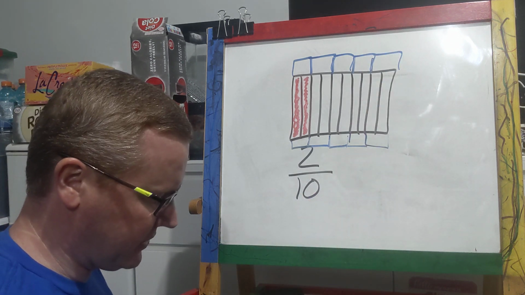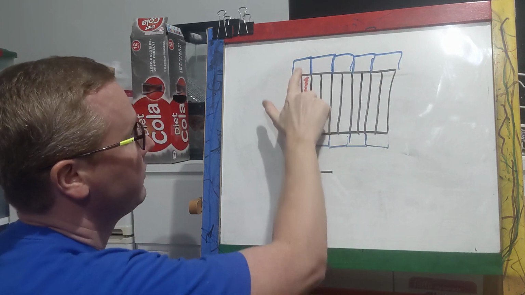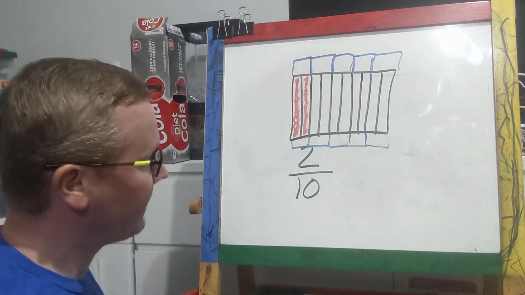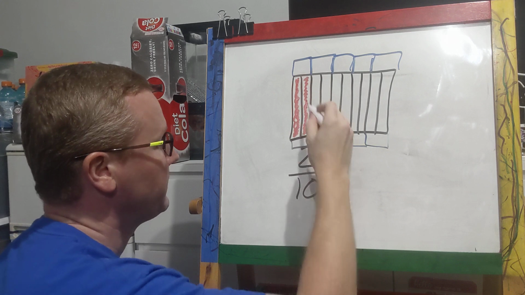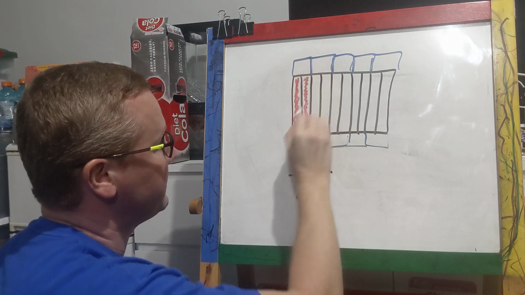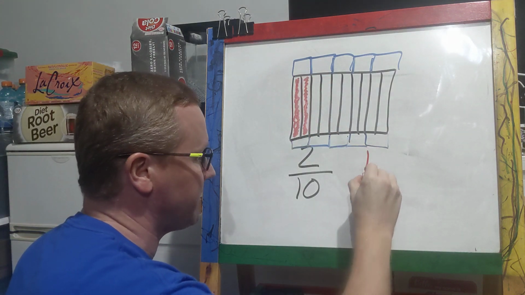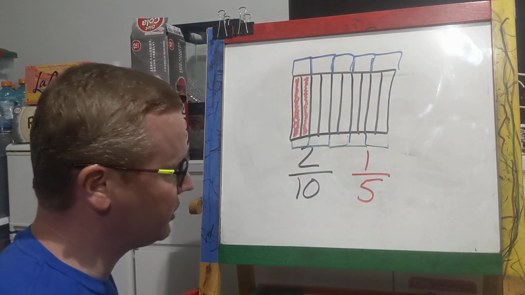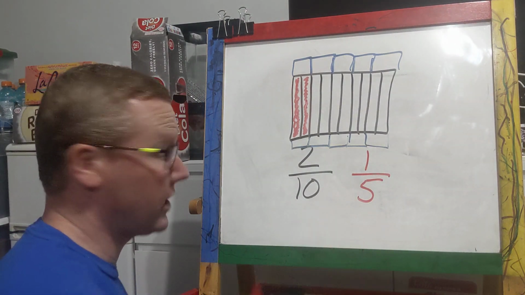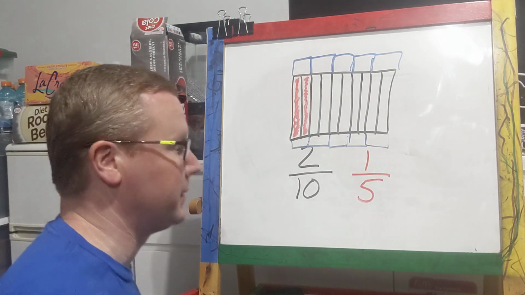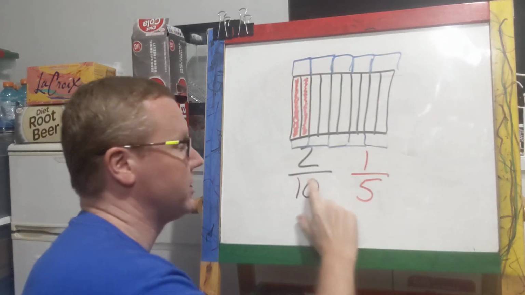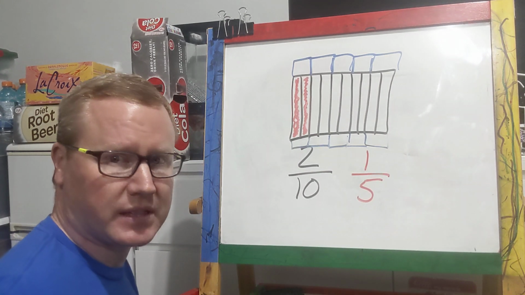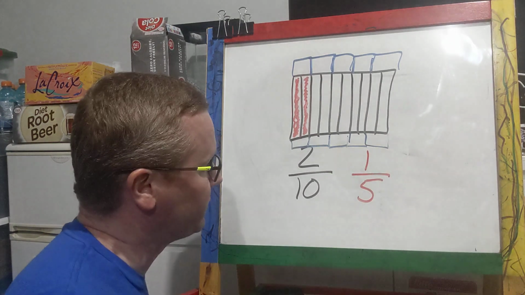I broke it up into how many different pieces? All right, 1, 2, 3, 4, 5. So 5 pieces. So if I broke it up into 5 and this 1 is all the way colored in, that's the same as 1/5. This is a reduced fraction. It's an equivalent fraction is what we've been calling them, but more specifically, when you go to the smallest number you can get, it's called a reduced fraction.